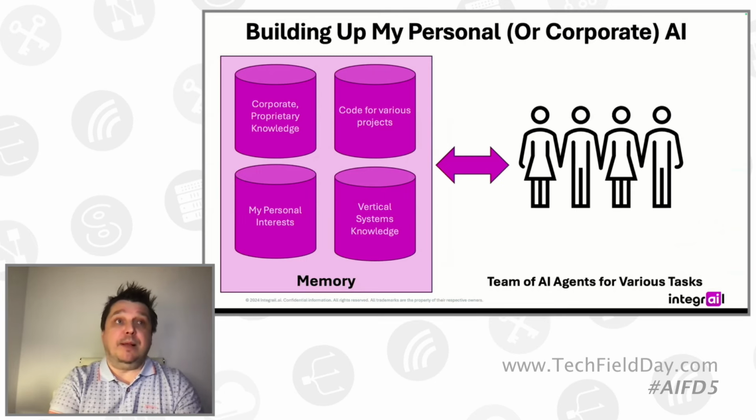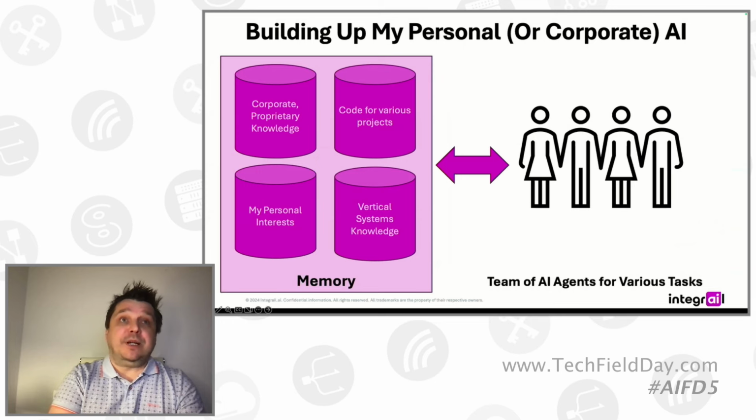That's pretty much impossible. But if you provide them with vertical knowledge, then they become much more productive, much more accurate. So we can create vertical knowledge about what a CRM is, and an agent that uses this knowledge will be able to do much more complicated tasks for us than a generic agent.